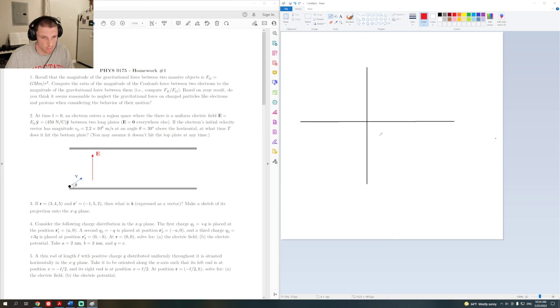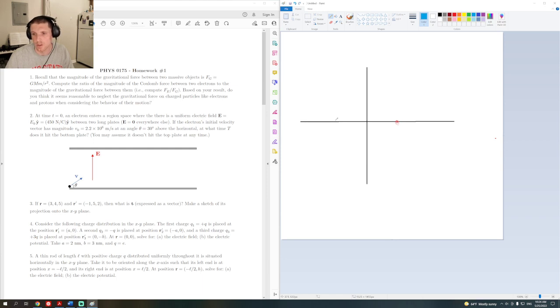So the first charge is placed on the x-axis, right? So like here. Okay, that's probably clear enough. I'll use blue for negative charges. And then the second charge is placed basically on the other side of the point x equals 0, right?